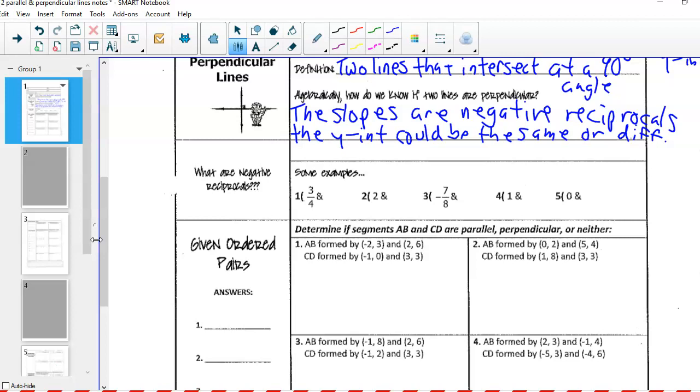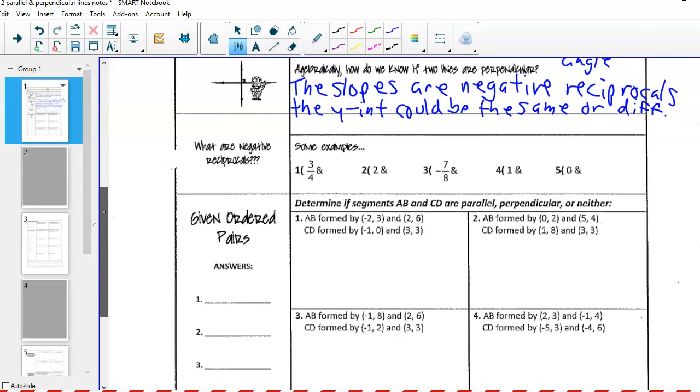I see some pencils still writing, so I'll give you a second. So what would the negative reciprocal of 3/4 be? Negative 4/3.